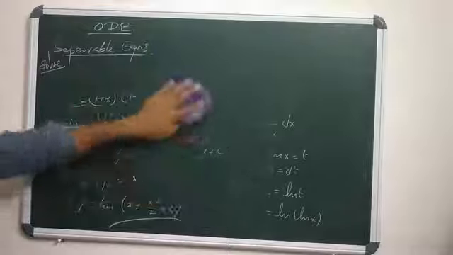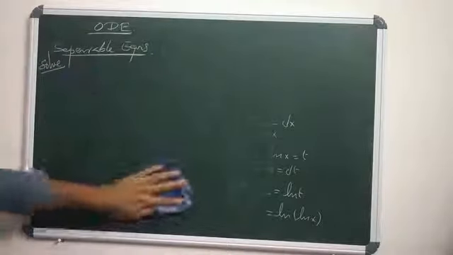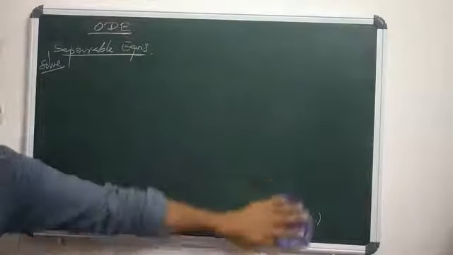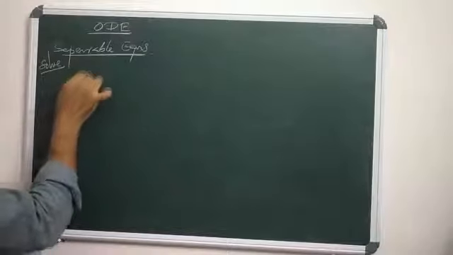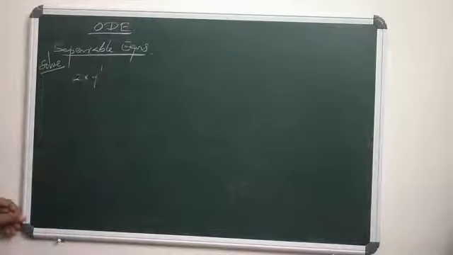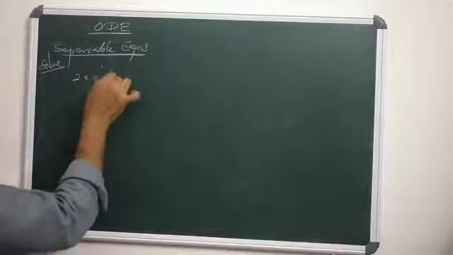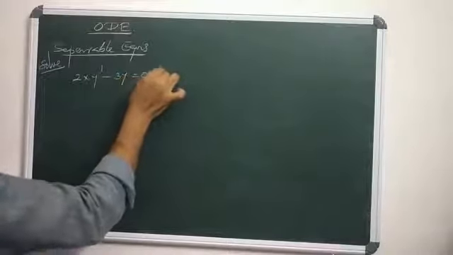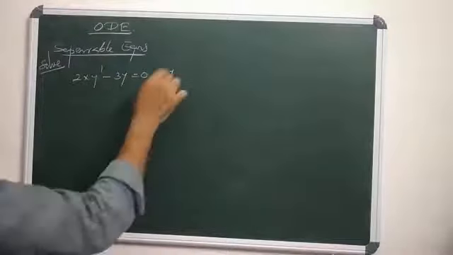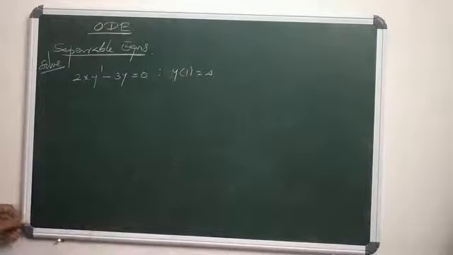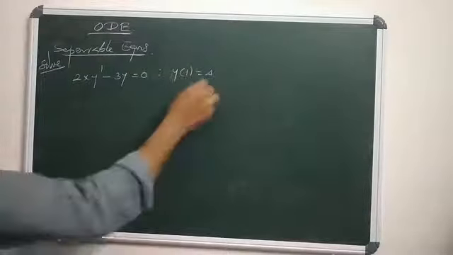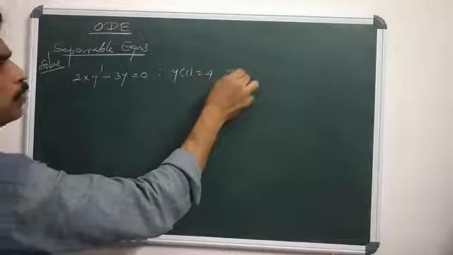Now consider how to solve the differential equation with the initial conditions. Consider this problem. Solve 2xy dash minus 3y equals 0. It is given that y1 equals 4. So this problem is known as an initial value problem, IVP.